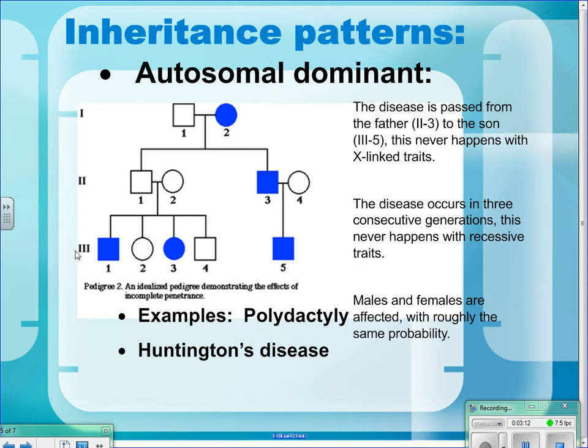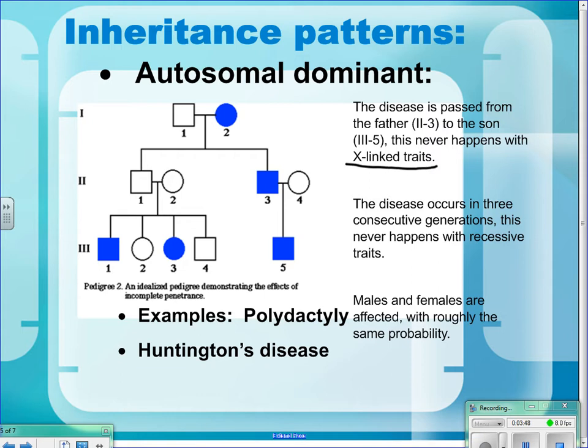The first inheritance pattern we're going to look at is autosomal dominant. These are not common, but because they are a dominant condition, the condition is very easy to pass on, and it can occur in multiple generations. So I'm going to provide you with some clues to identify different inheritance patterns. First of all, with an autosomal dominant disorder, the disease can be passed from father to son.